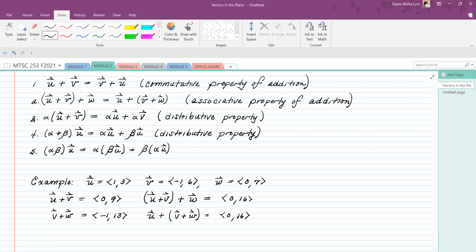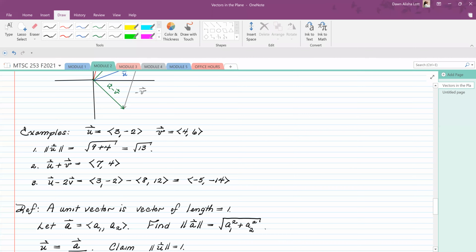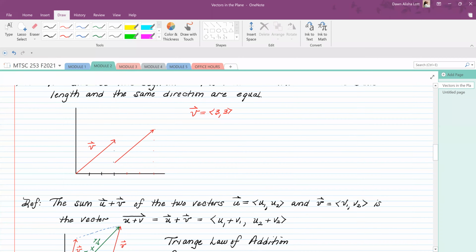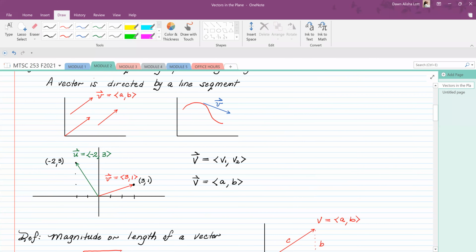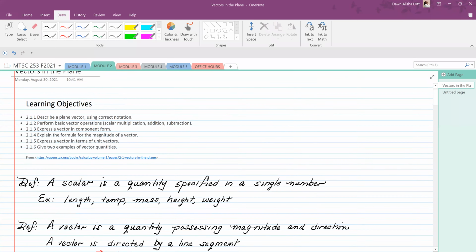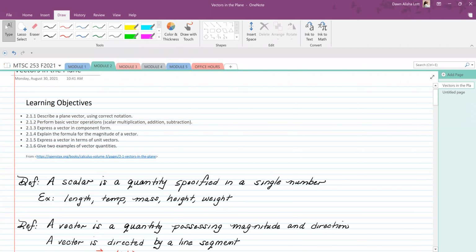All right, I'm going to pause and go back and look at my goals for this section and see if I covered everything. Describe a plane vector, basic operations, express a vector in component form. Explain the formula for the magnitude, express a vector in terms of its unit vector, and give 2 examples of vector quantities.